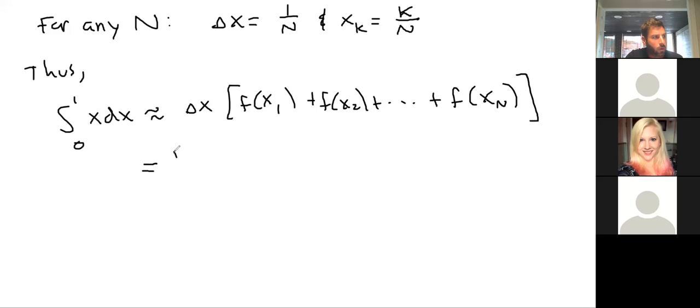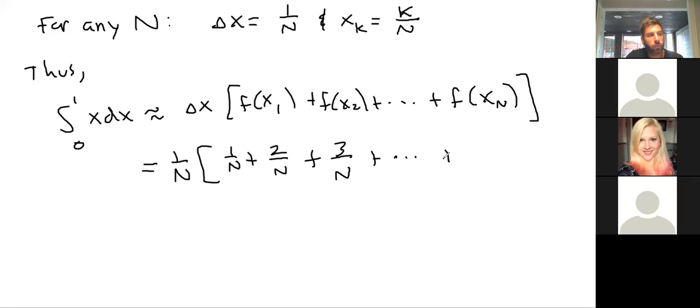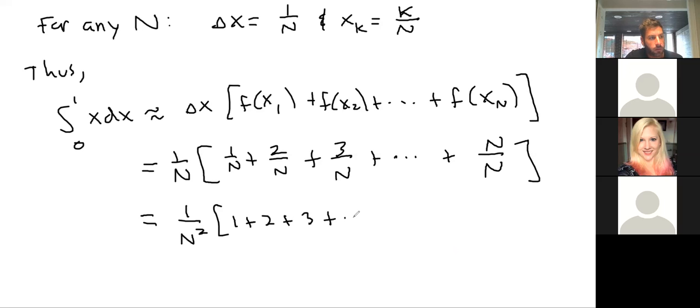Delta x is 1 over n. Inside, you get x sub 1, well, that's just 1 over n, and then plus 2 over n, plus 3 over n, plus all the way out to n over n, just like we did in the 2 previous examples. And then just like we did in the 2 previous, factor out the common factor, 1 over n, so I get 1 over n squared, and then 1 plus 2 plus 3 all the way up to n.